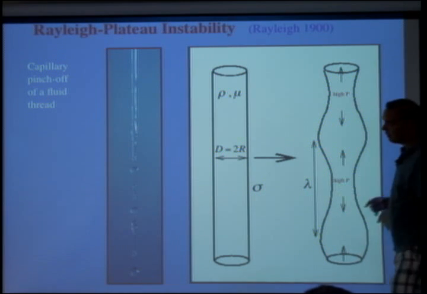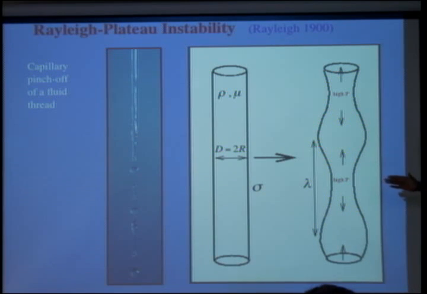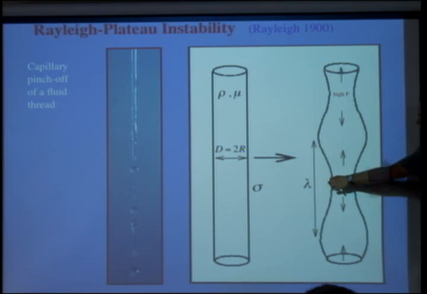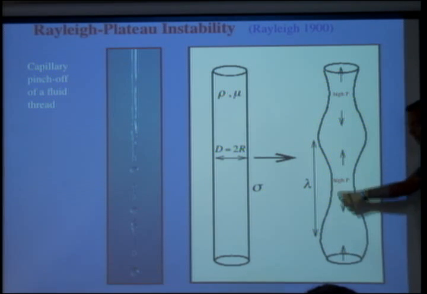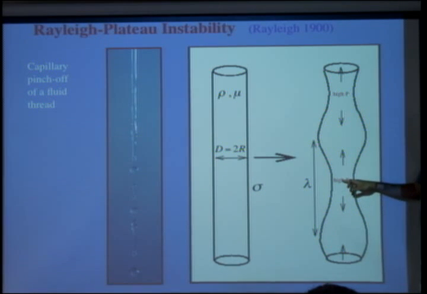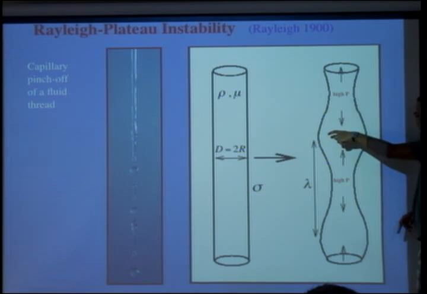As we saw, we can express the curvature as the sum of the two principal radii of curvature. One is this and one is this, and this one's much larger, so the dominant curvature is this. So we can convince ourselves that the pressure is going to be high in the neck region relative to the bulbous region, just because this radius is less than this one.